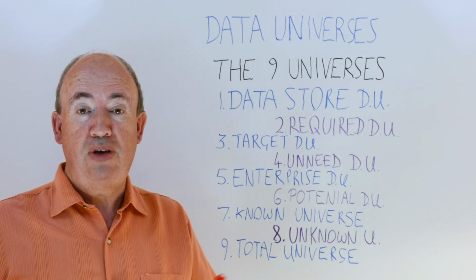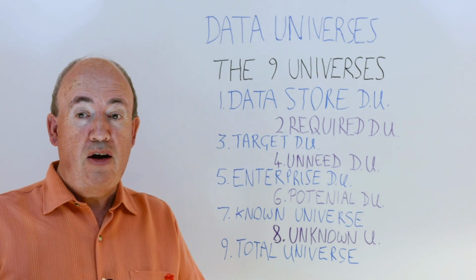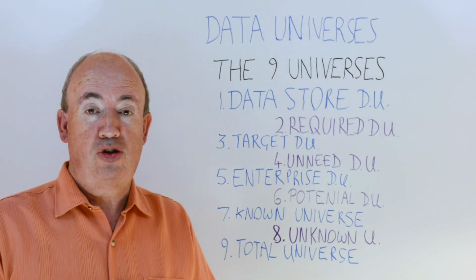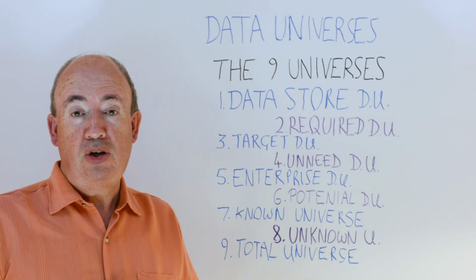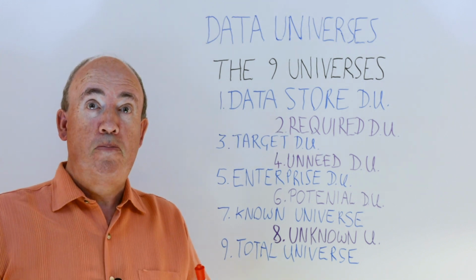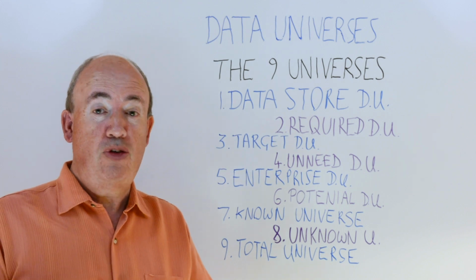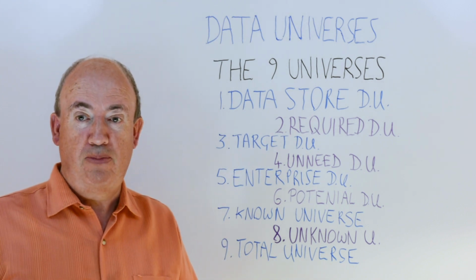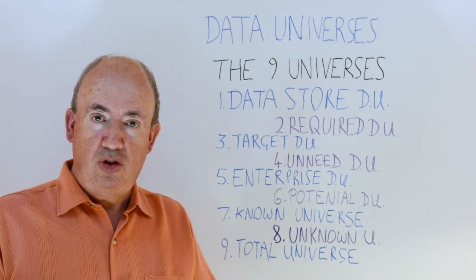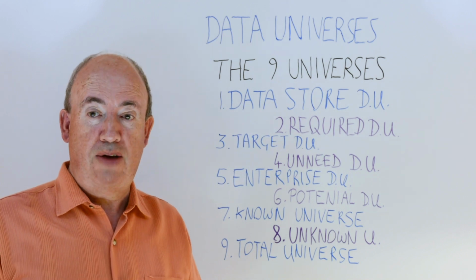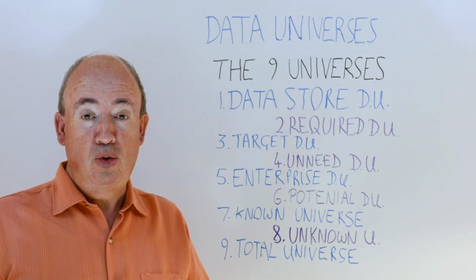And those are the IBNR events. They're an unknown universe. So the insurance company has to estimate what they might be for things like reserving against claims. So we can see that there's at least one important example of an unknown universe.